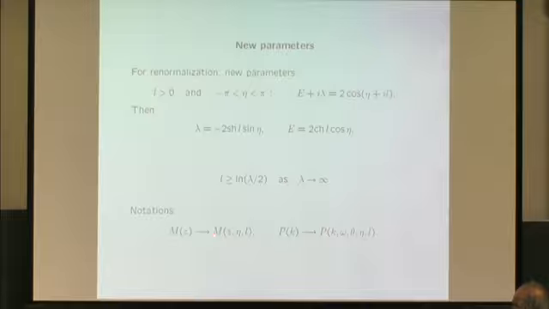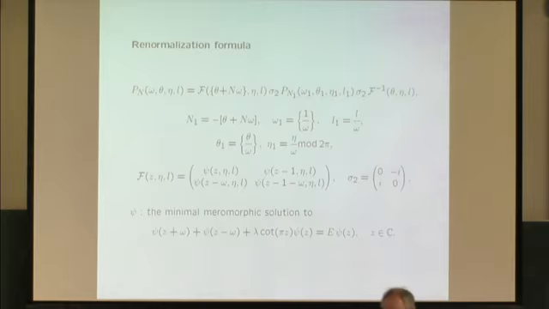Now we have m of z of eta L and p of k omega theta eta and L. And that is the main result, the renormalization formula. It can be used to describe the multi-scale structure of solutions, but let me speak first about this formula.